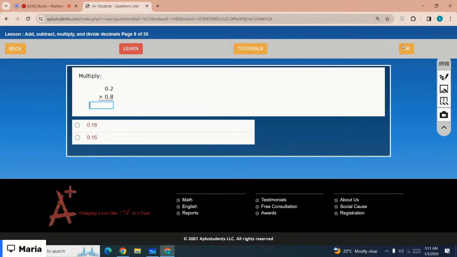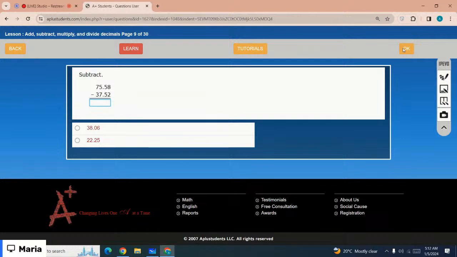Which is the correct option? The correct option is option number 2, 0.16.